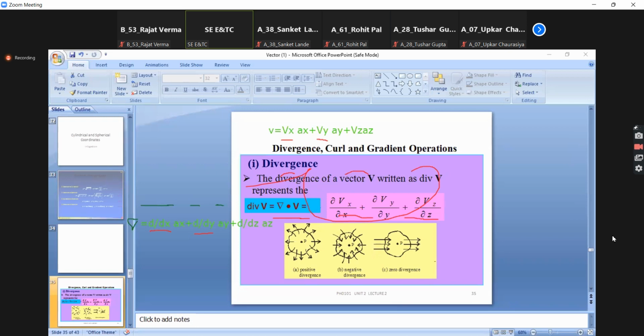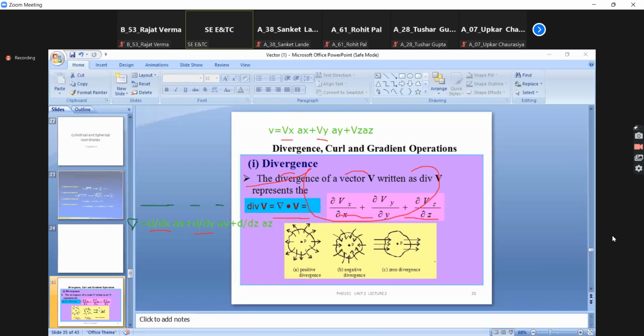If the field is the exact opposite, it is not diverging, it is converging. Exactly opposite to diverging is convergent or converging. So if any field is converging, it can be called a negative divergence. And if it is neither diverging nor converging, then the field is called a zero divergence.